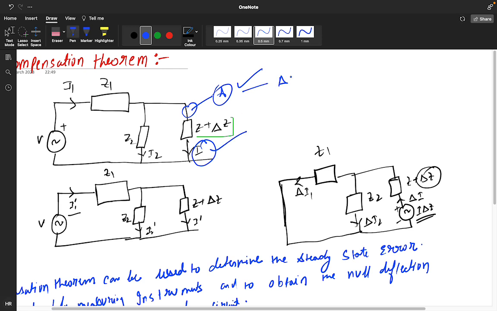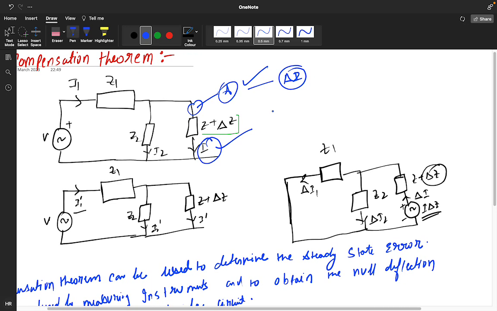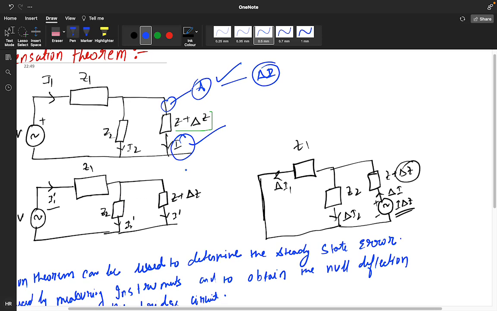There will be some deviations, delta I, small changes, because the ammeter will also take some voltage. That's why we use the compensation theorem. What is the meaning of this delta? It's an error, because if you are using an ammeter, the ammeter will have some resistance, and that resistance is getting added in this, represented by this delta Z.